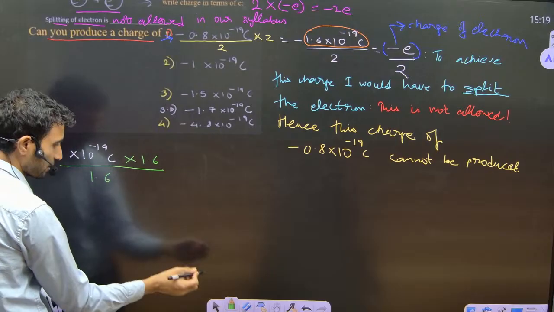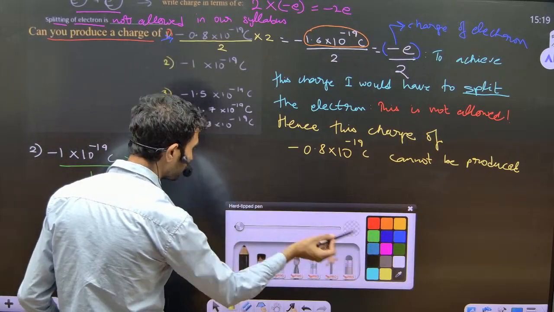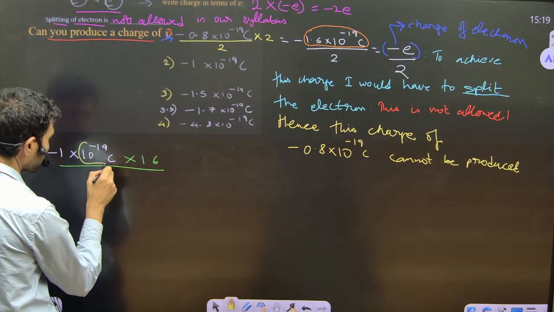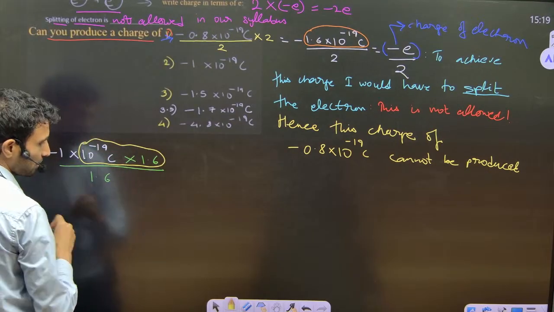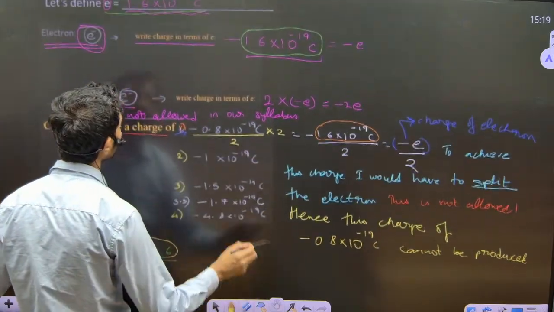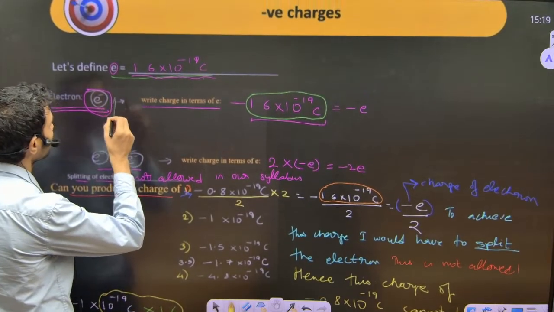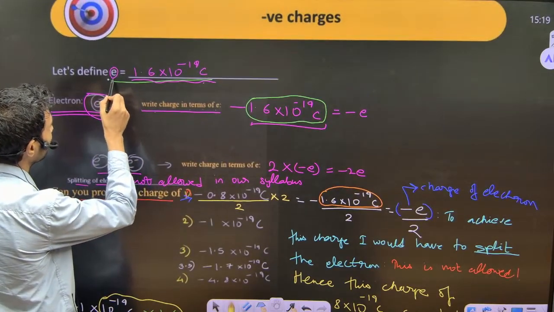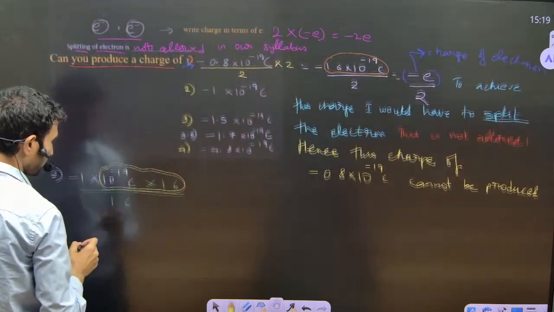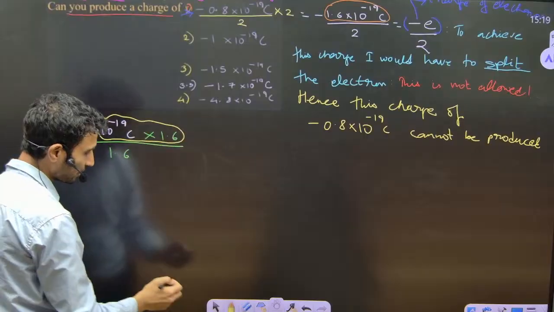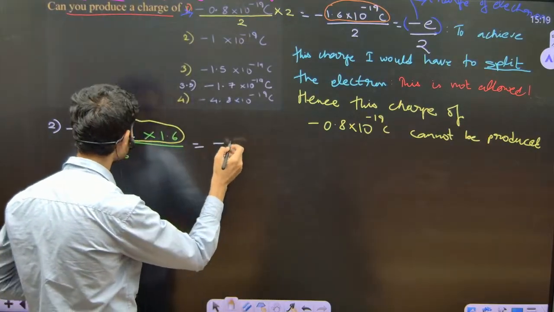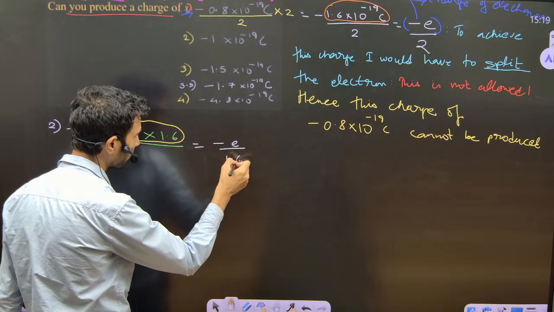Why have I done that? What is this value, kids? If you recall, this is nothing but the value of e in the first place. So we recognize that this is nothing but e. It can be written as minus e by 1.6.